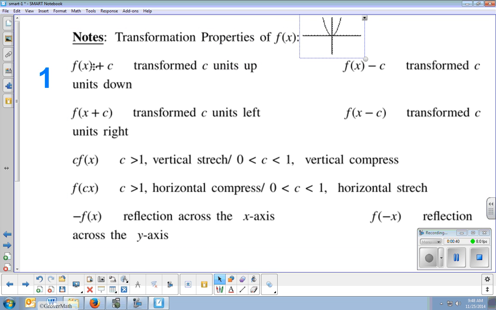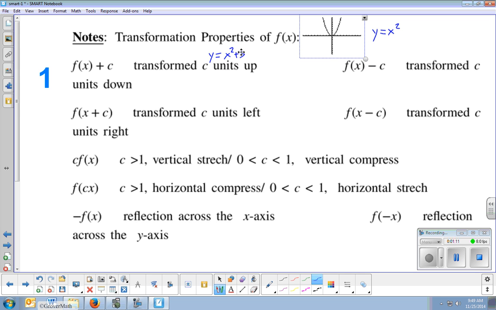All right, so our first property is saying that if you take your function and plus c, now c represents a constant here, and a constant is just a number. So if our parent function, again, we're using a parent function of just y equals x squared, a transformation of f of x plus c would be something like y equals x squared plus 3.